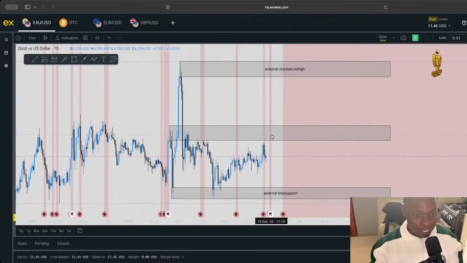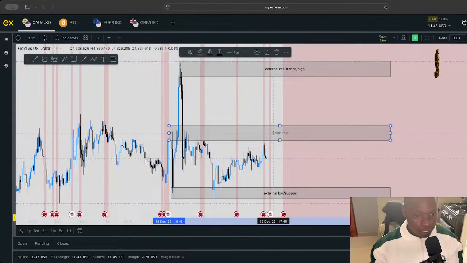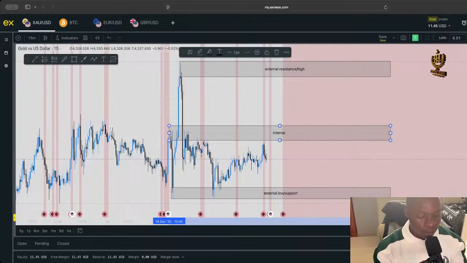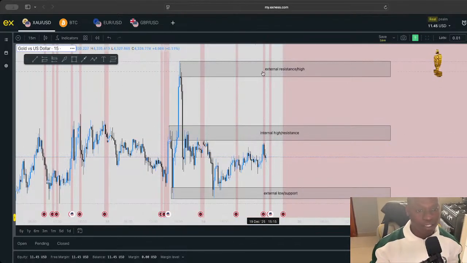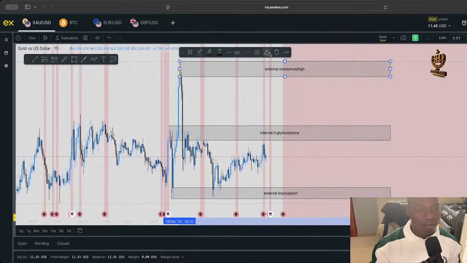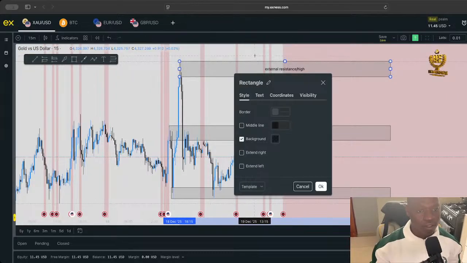So it's the internal high slash resistance at this time, because the market is below it. Resistance. Why? Because the market is below it, right? So let me do this. Sorry, I need this to always be in.